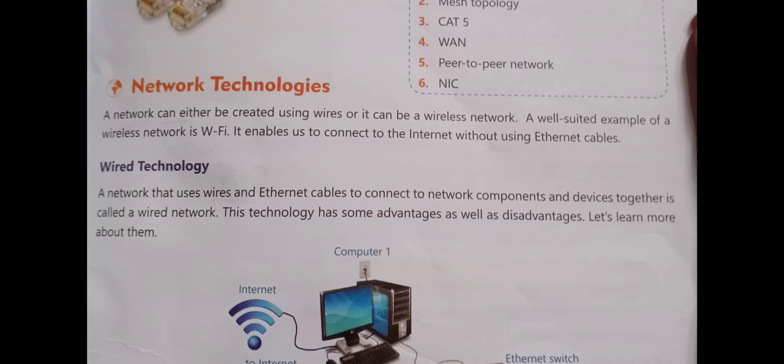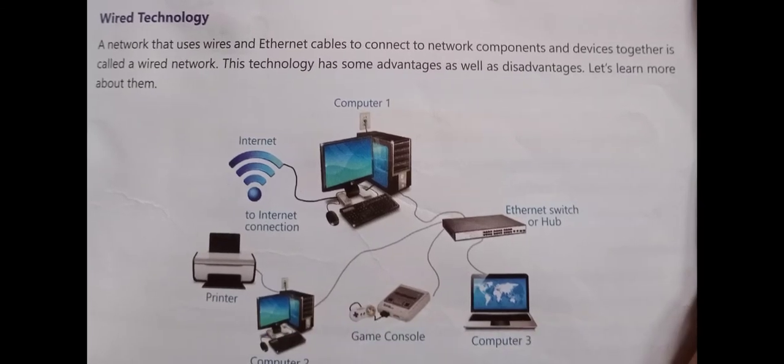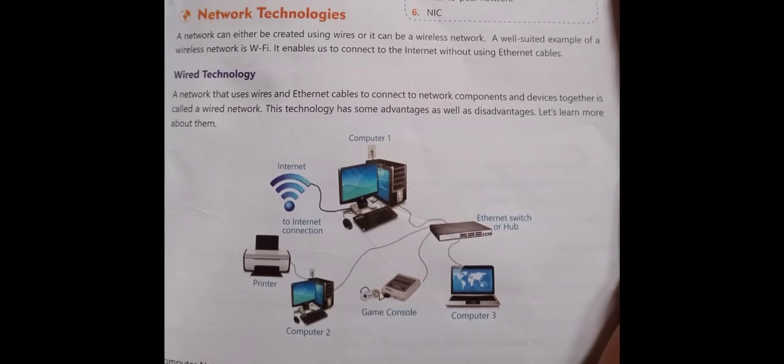In the picture you can see computer 1, Ethernet switch, computer 3, game consoles and printer, all connected with a wire. We use various types of wires, like twisted pair cables, coaxial cables and fiber optic cables. These are wire technologies.